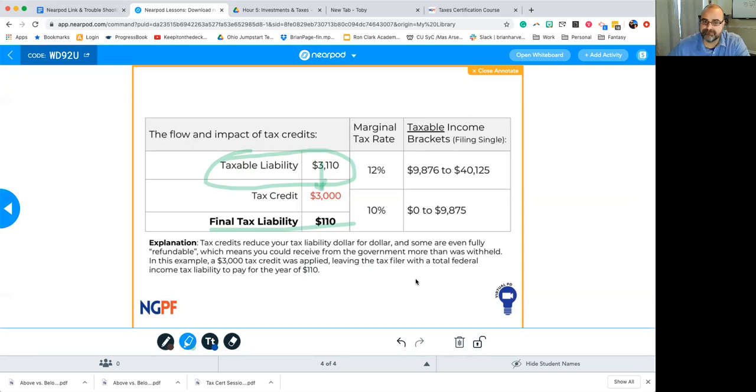That's it, $110. Now, if the tax credit was fully refundable and exceeded their tax liability, they would actually get more money back from the government than they had withheld. So thank you for following along for this short tutorial.